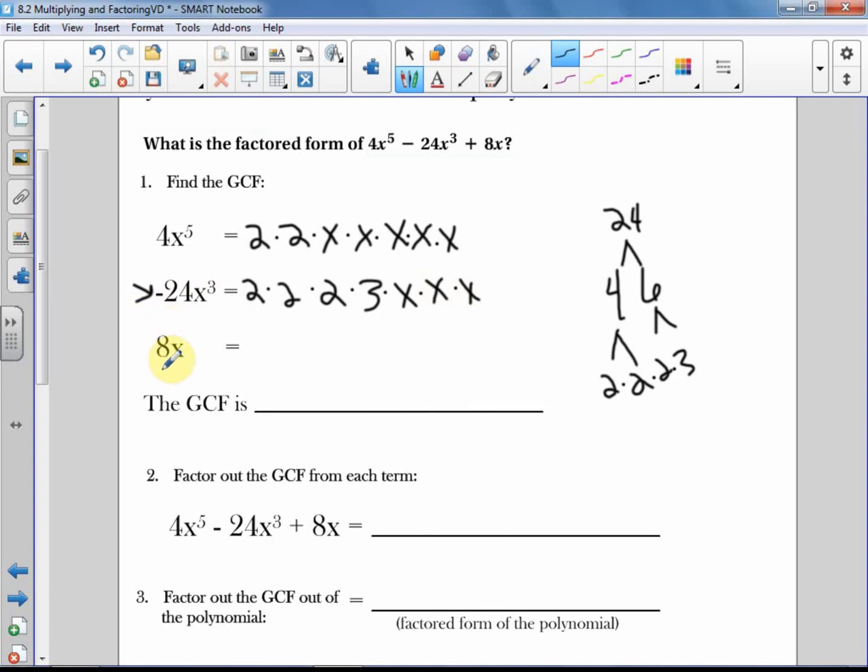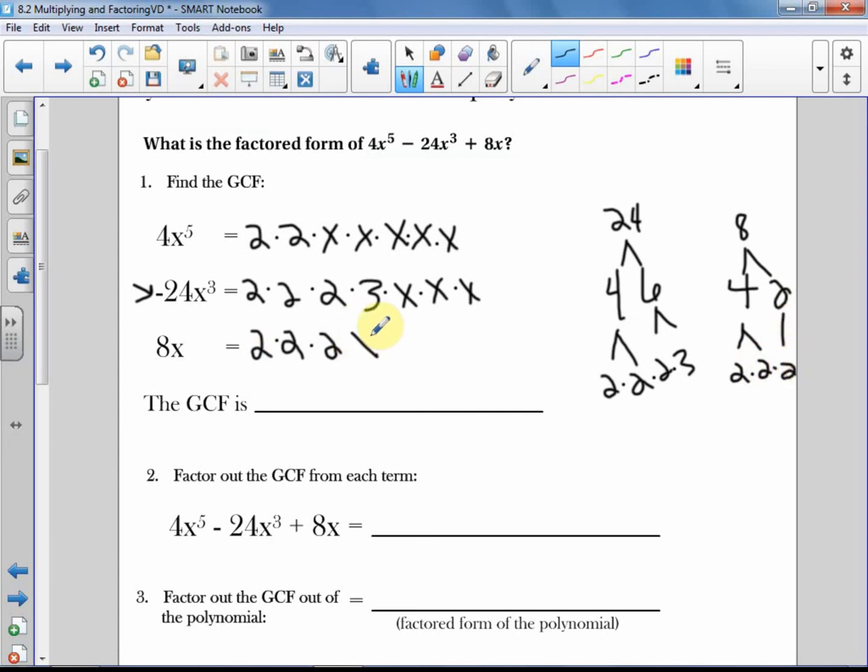So I have 8x. I know that the prime factorization of 8 is 2 times 2 times 2. If you did not know that, you can certainly use factor trees. Find the prime factorization of 8. 4 times 2. 4 is not a prime number, so 2 times 2, and bring down that 2.